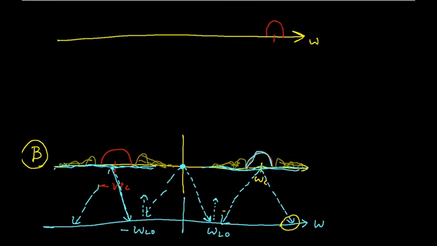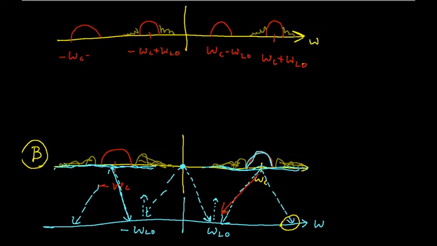When I copy and shift up, I have a copy of the station at omega c plus omega LO, and another at minus omega c plus omega LO, and all the garbage that I don't want follows them around from the other stations. When I copy and shift down, I have a copy of the station at omega c minus omega LO, and another at minus omega c minus omega LO, and I still have all the junk following these guys.